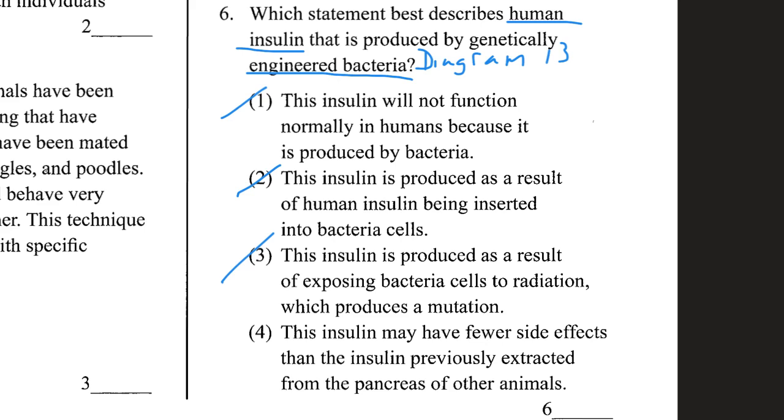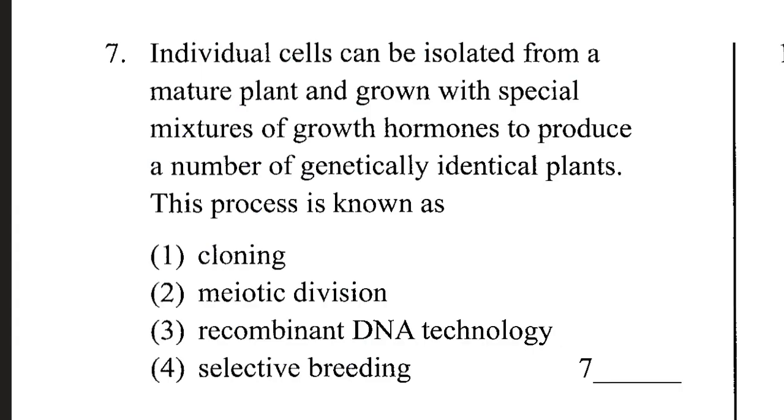Now that we can produce human insulin from bacteria quickly, efficiently, and cost-effectively, we're seeing fewer side effects because the insulin is normal human insulin. So the answer to question 6 is option 4.